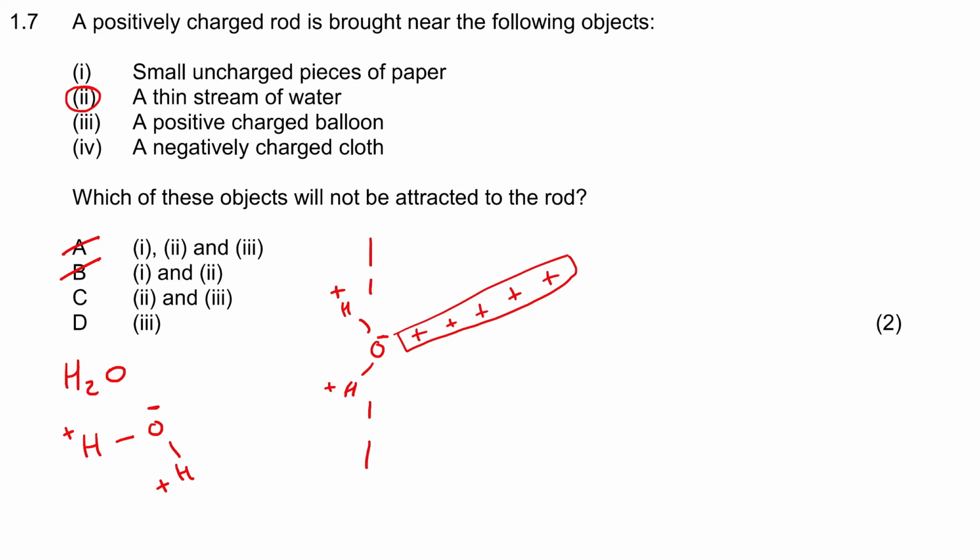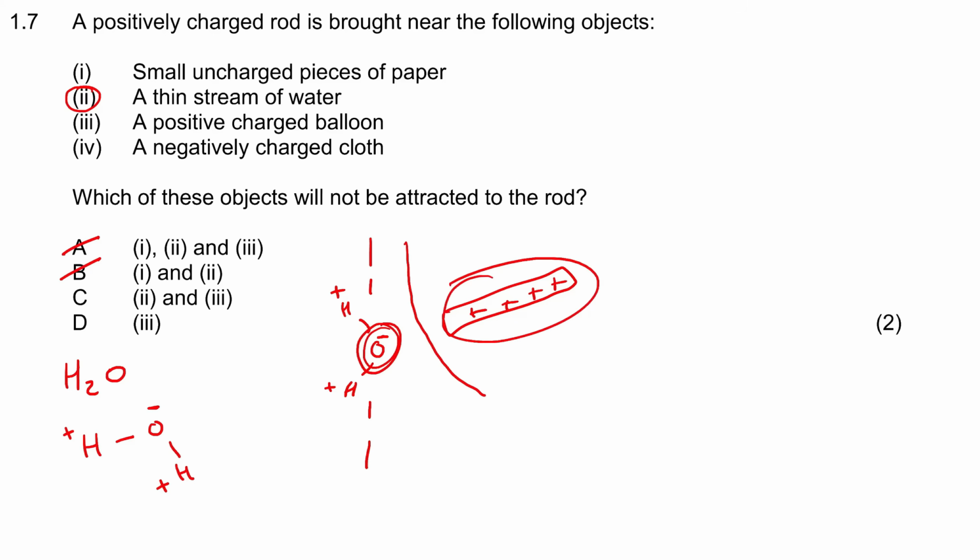And so what you would actually notice, let me just draw this a little bit further away, is that the water stream is going to start bending towards it like that. These negatives are going to be attracted to the positive, and it's going to bend the water stream. So the point I'm trying to make is that this positive rod will be able to cause a thin stream of water to bend towards it.